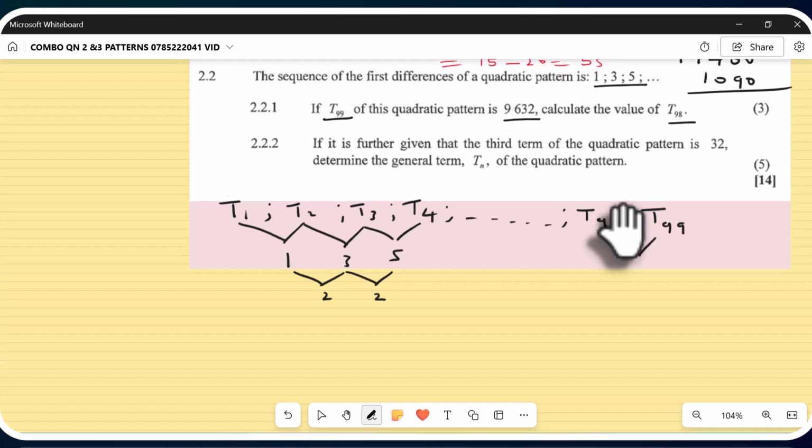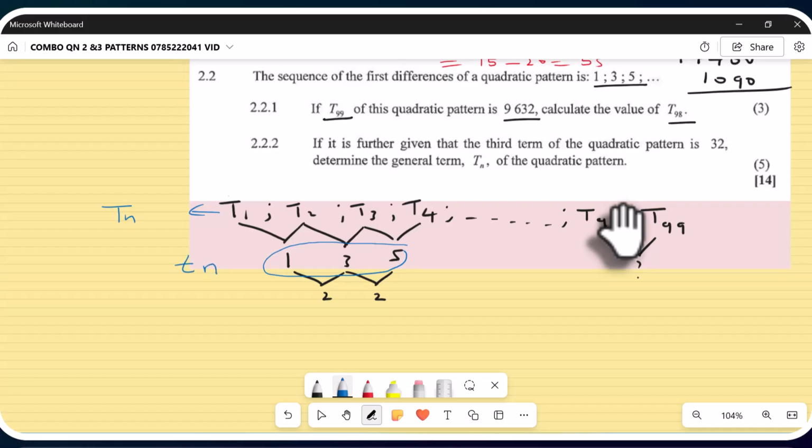Now to avoid confusion, for this one I'm going to call it capital Tn. Then for the first differences, let me call them a small tn to avoid confusion, okay? Small tn. Now let me get my tn here. My small tn is linear, ne?